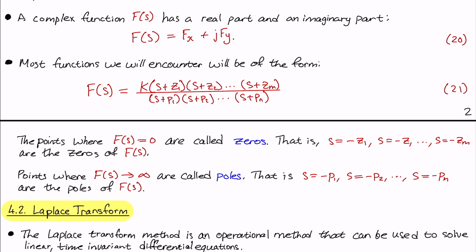In the denominator, we'll see that if the denominator ever goes to 0, then this function F(s) is going to blow up and go to infinity. And we call those poles. And that is when s is equal to minus p1, s is equal to minus p2, up to s equals minus pn. Again, those are the poles.